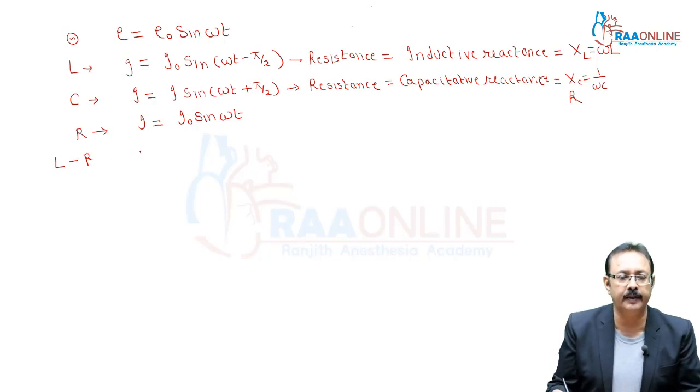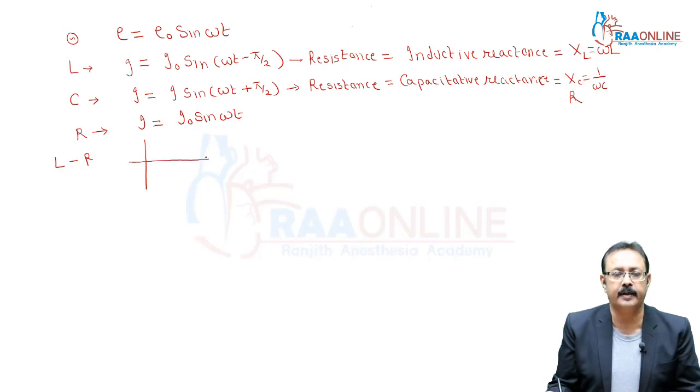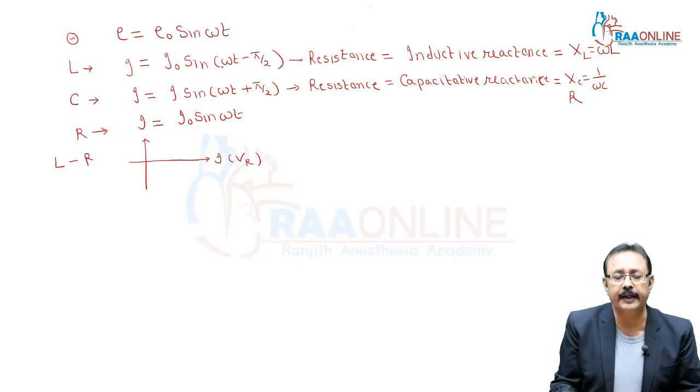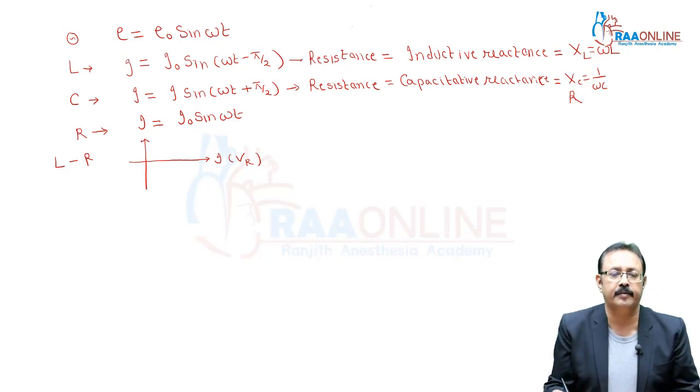What will happen then? In an LR circuit, I am taking current on the x-axis. Voltage was in phase with current, but VL was 90 degrees behind this.